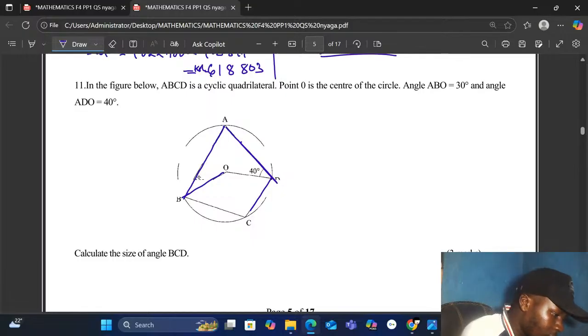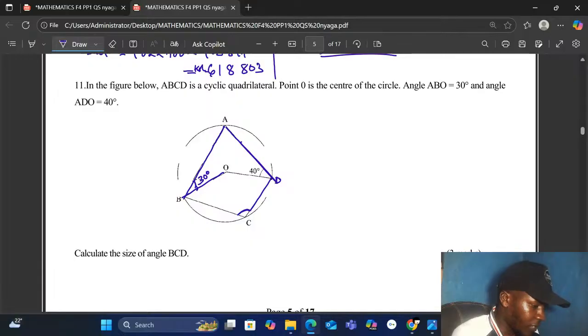But here we have 30 degrees. This is now point O. Then this is 40 degrees. Now they are asking us to calculate the size of angle BCD. This is B, C, this is D. So this is the angle that they want us to calculate.